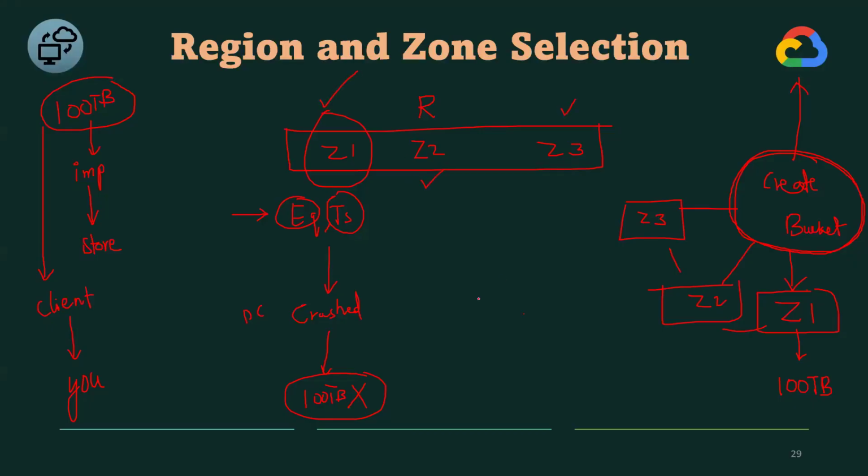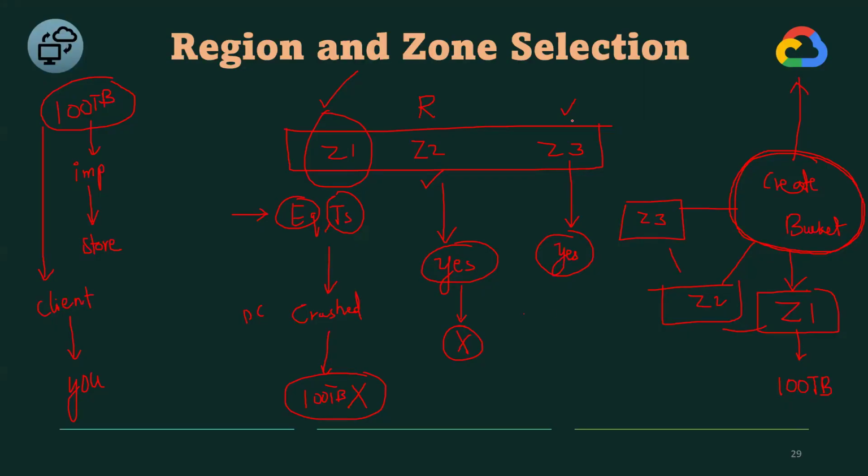So even if an earthquake happens in zone 1, can we get the data from zone 2? Yes. Even if zone 2 also fails, we can get the data from zone 3. This is how we can select multi-zones.